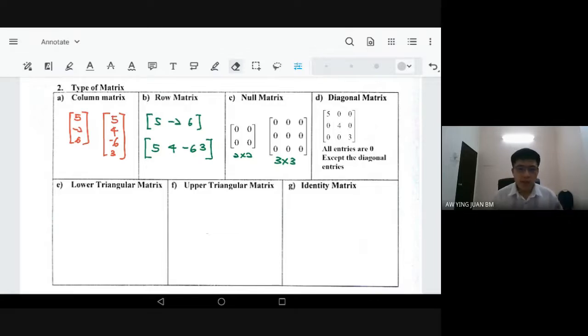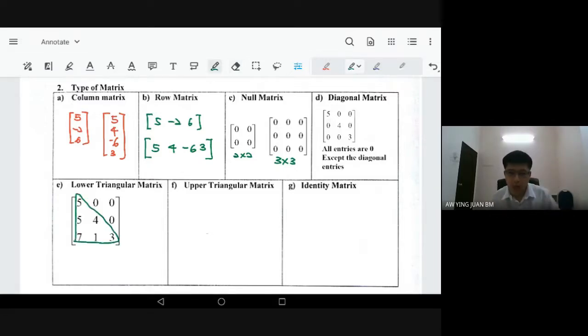Seterusnya kita akan pergi ke lower triangular matrix. Ini adalah contoh lower triangular matrix. Anda boleh tengok perkataan dia, lower triangular. Maksudnya di bawah ada segitiga. Tuan-tuan puan-puan boleh tengok, ini maksudnya lower triangular. Tapi key dia yang paling penting adalah di atas tu ada 3 kosong.